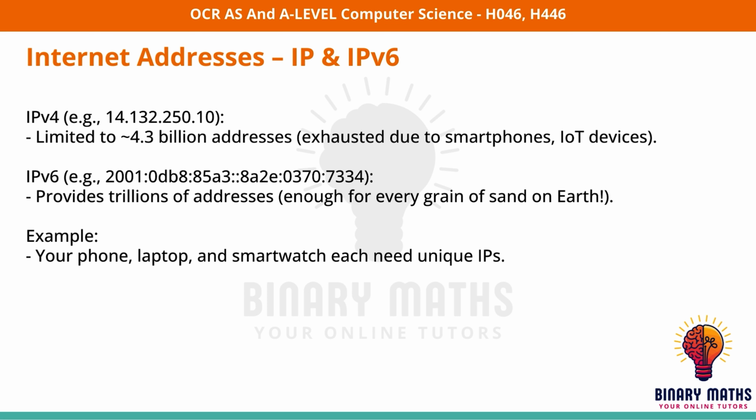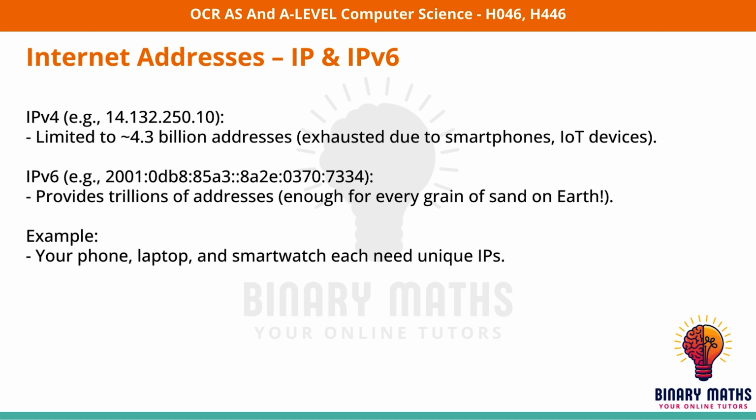Its addresses look like this: 2001:0db8:85A3:8A2E and so on and so forth. So instead of 4 numbers, it uses 8 groups of hexadecimal digits, which are numbers between 0 to 9 and letters from A to F. How many addresses does that give us?